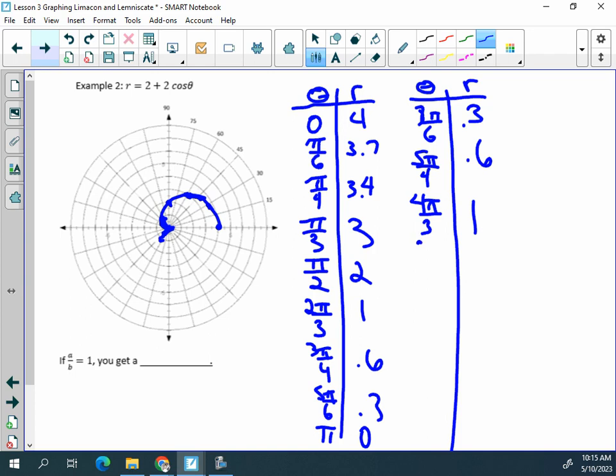Okay, 3 pi over 2, cosine of that is 0, and 0 plus 2 is 2. Okay, then we've got 5 pi over 3. Cosine of 5 pi over 3 is 1/2, times 2 is 1, and 1 plus 2 is 3.